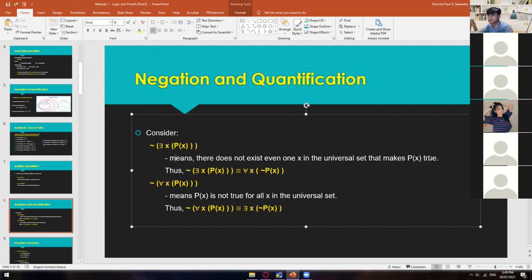You can disregard this reading, but if you want to analyze it, please do so, because this is just a way of reading such expressions. If you negate this one, the existential will become universal, and the positive P of x will become a negated P of x.